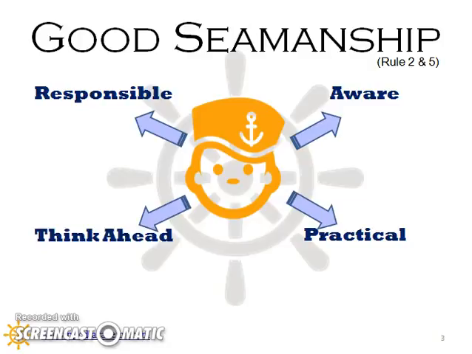The first part, very important, is to have good seamanship, and this is based on rules 2 and 5. I've summarized it into 4 main parts. Basically, for good seamanship, you need to be responsible. The rules of the road are designed such a way that everyone is responsible for themselves and for others.